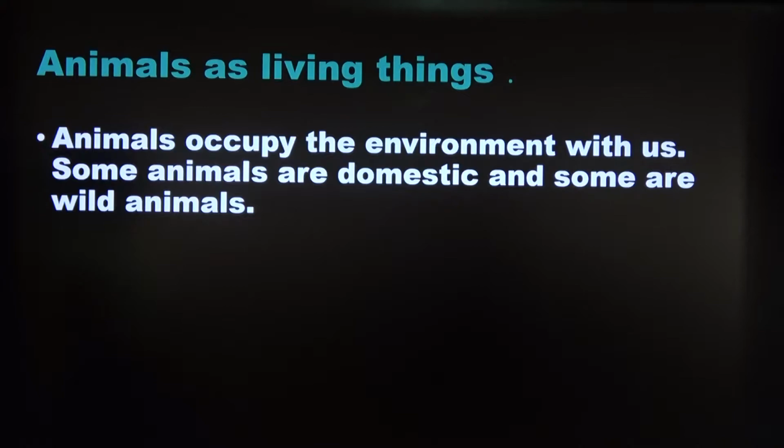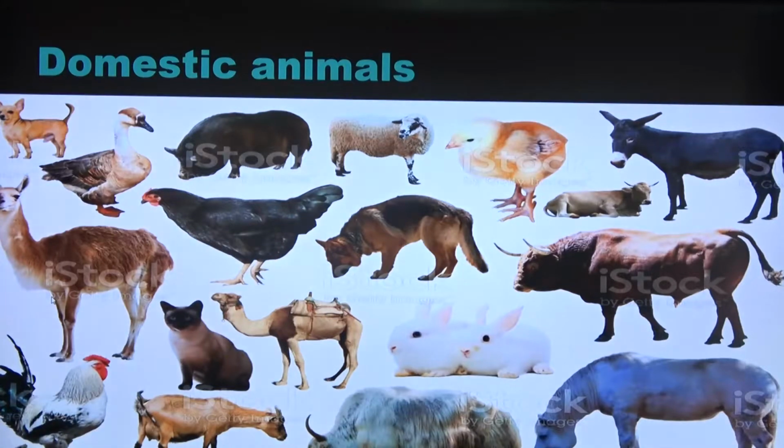Animals as living things. Animals are living things. They occupy the environment with us. Some of these animals are domestic and wild animals. Domestic animals are animals that live around us in our environment.